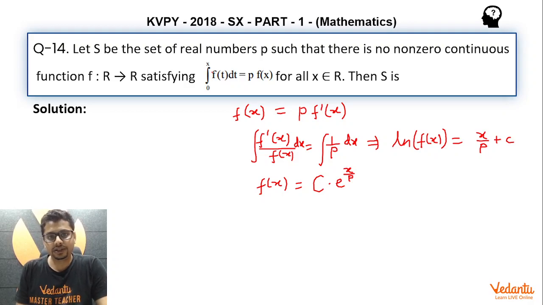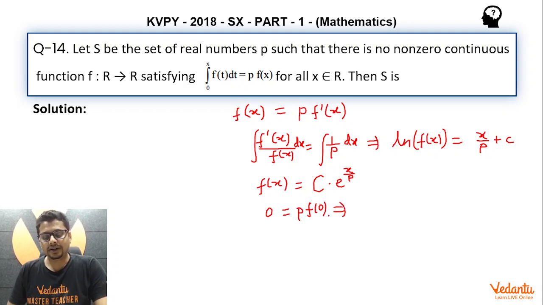So here, if you see carefully in the original expression, if you put x to be 0 on both sides, you'll get integral 0 to 0 f(t) dt, essentially it is 0, equal to p times f of 0. So that means f of 0 is 0. Another possibility is p is 0.